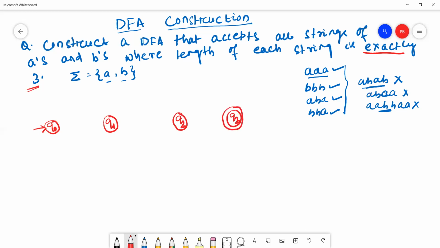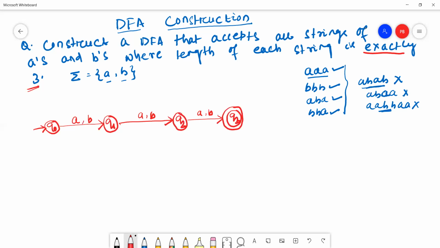The length of each string is exactly 3, means here we can take a comma b. Here also we can take a comma b. Here also we can take a comma b.